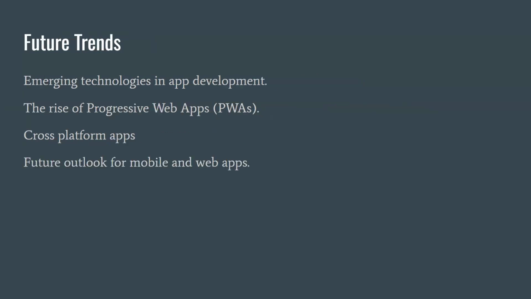Lastly, future trends. As we look to the future, actually, even now, technologies like progressive web apps have been around but made more progress, and they're blurring the lines between mobile and web apps, offering offline capabilities, push notifications, and more.